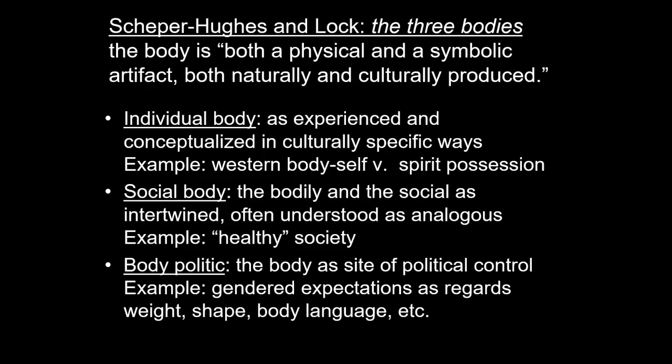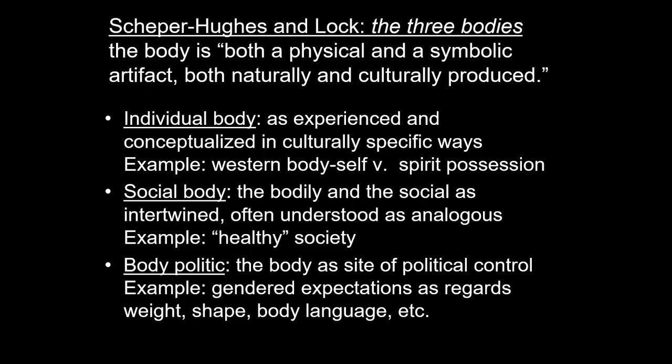And the third body they talk about is what they term the body politic. This references the idea that the body is also a site of political controls of various sorts, some of which we enact ourselves. We, to some degree, police our own bodies around some of the social expectations around us. And in plenty of other ways, your body is policed by external forces.